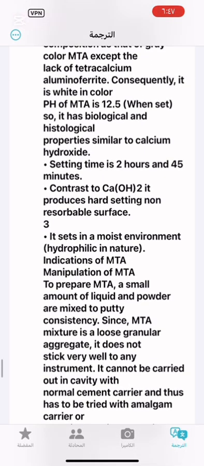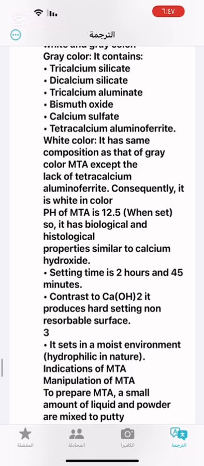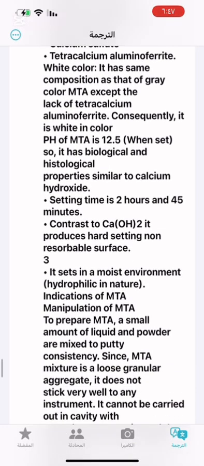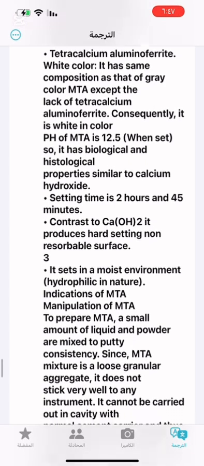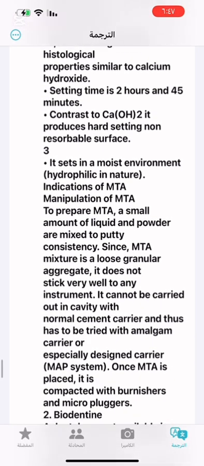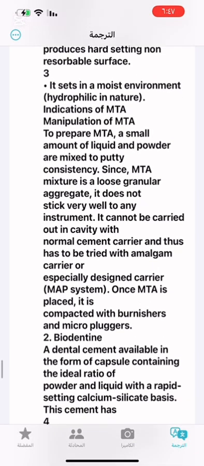Contrast to Ca(OH)2, it produces a hard-setting non-resorbable surface. 3. It sets in a moist environment, hydrophilic in nature. Indications of MTA? Manipulation of MTA? To prepare MTA, a small amount of liquid and powder are mixed to a putty.